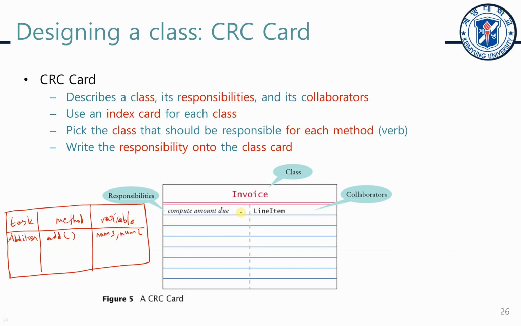For instance, we can have a class called invoice, and this class has the responsibility to compute the amount of money that you have to pay, or the amount due. And then the collaborator, the other class that has to work with this class, is line item.